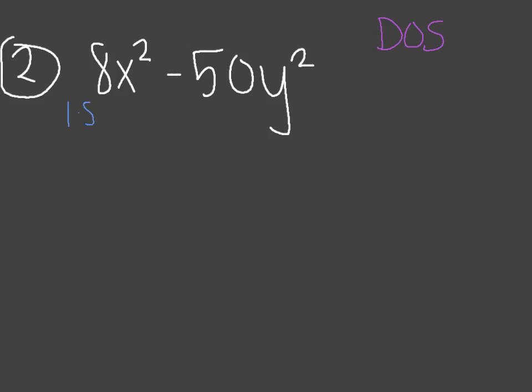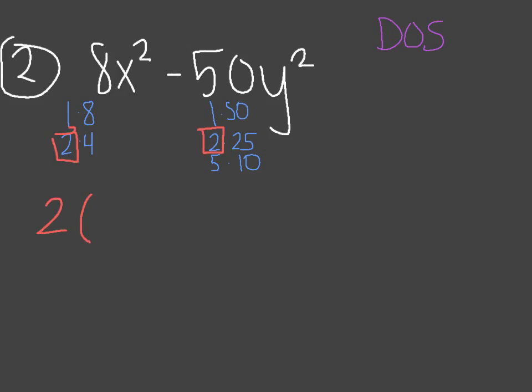That's 1 times 8 and 2 times 4. I now list the factors of 50: 1 times 50, 2 times 25, and 5 times 10. I look for the biggest number that they both have in common, which is going to be 2. So that is being factored out.